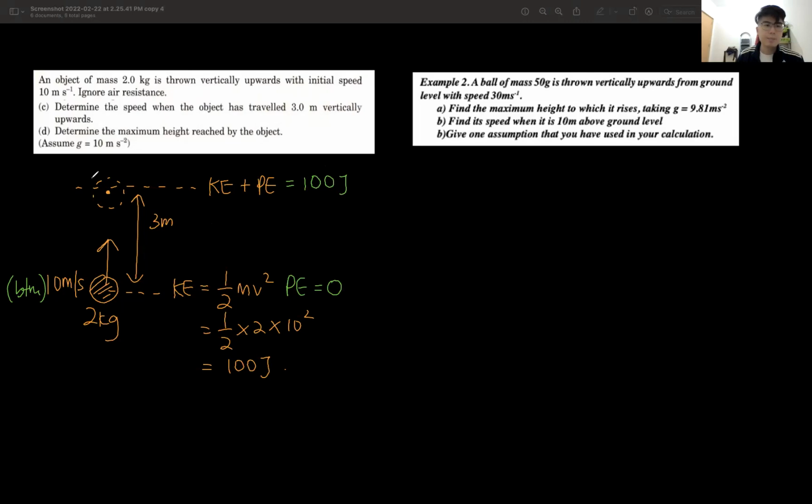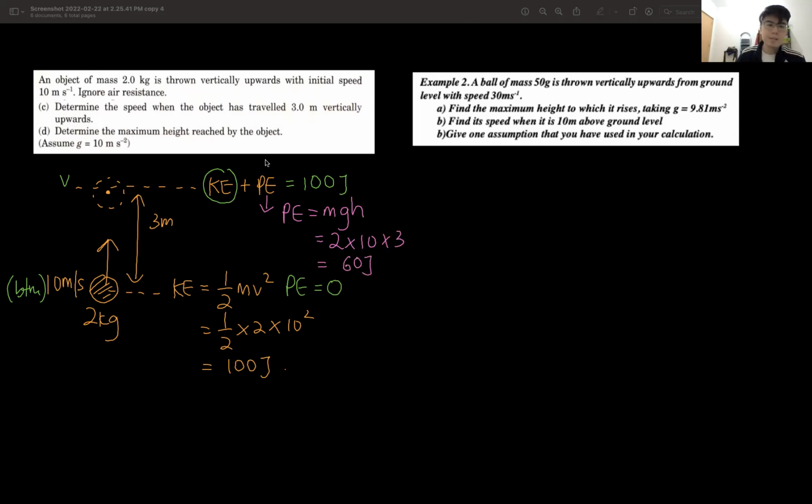They want you to calculate the speed here, right? V. You can first find what is the KE at this height by calculating the PE. Okay, so PE equals mgh. So it's going to be 2 times 10 times 3, 60 joule.